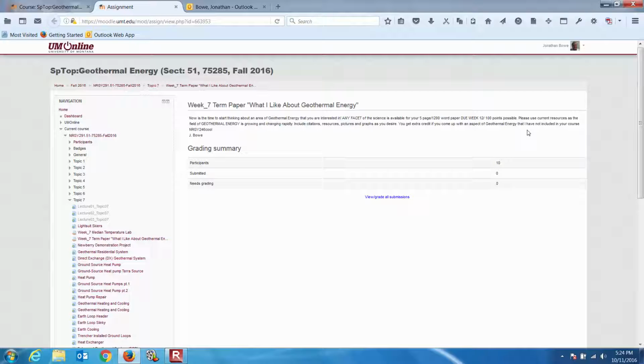Please use current resources as the field of geothermal energy is growing and changing rapidly. Include citations, resources, pictures, and graphs as you desire. You get extra credit if you come up with an aspect of geothermal energy that I have not included in your course.